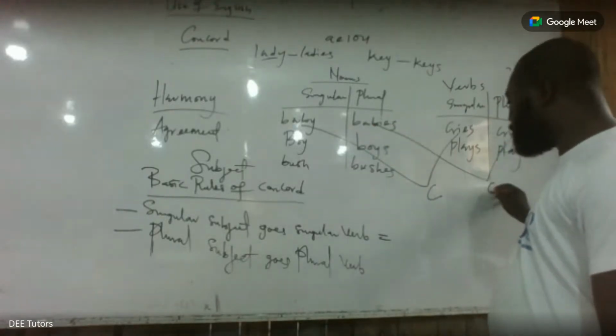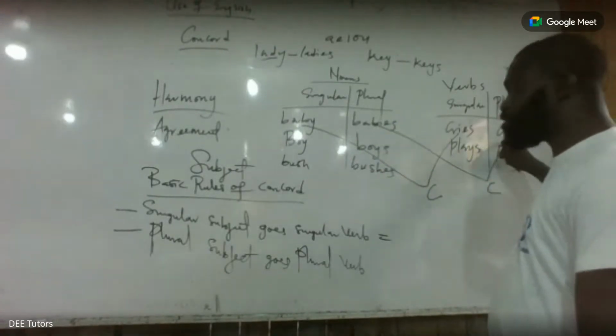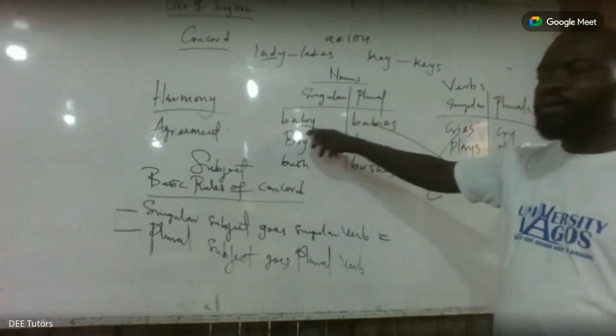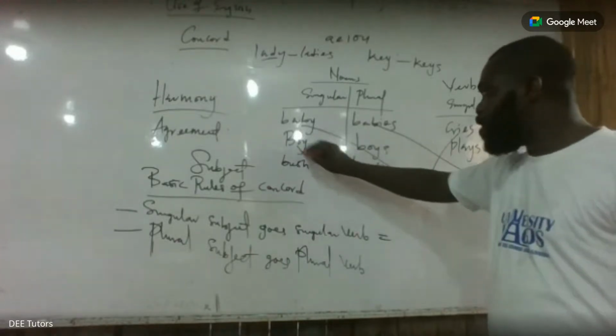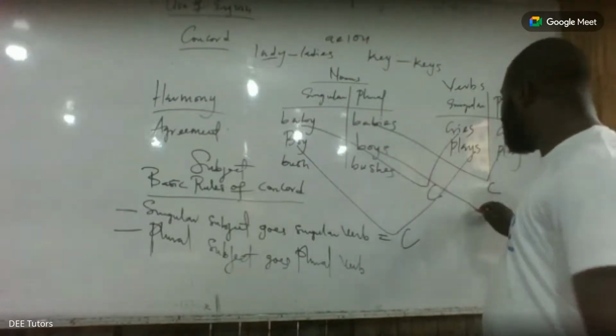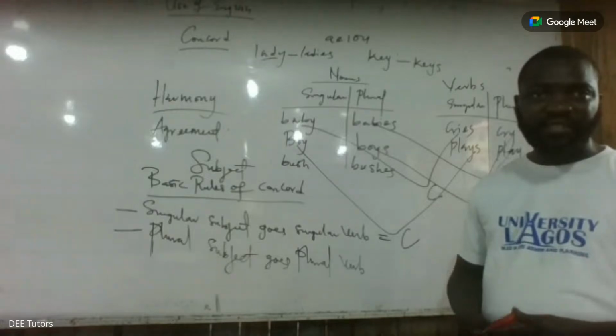Babies cry. That's Concord. The agreement is between plural and plural, singular and singular. You understand? A boy plays, Concord. Boys play, Concord. Do you get that?